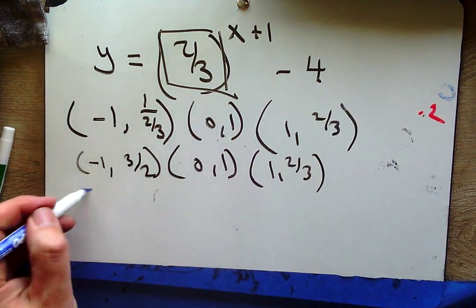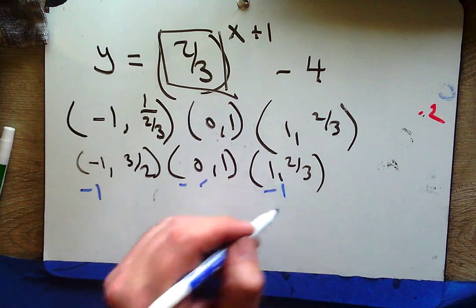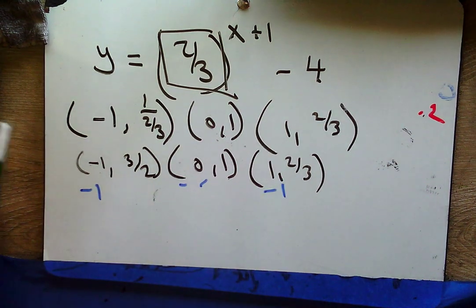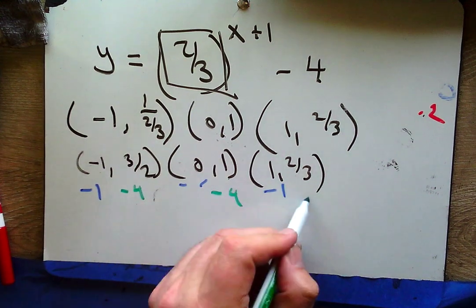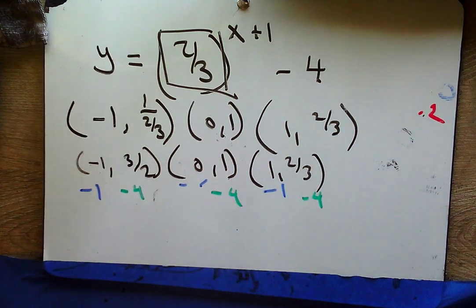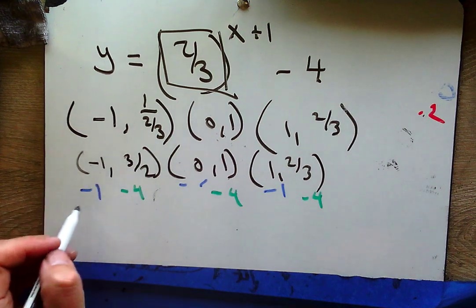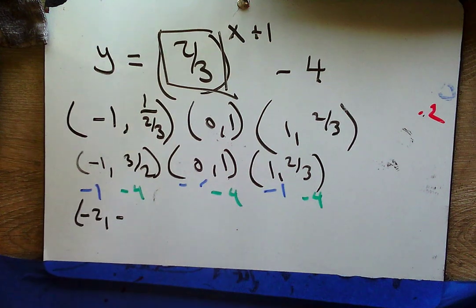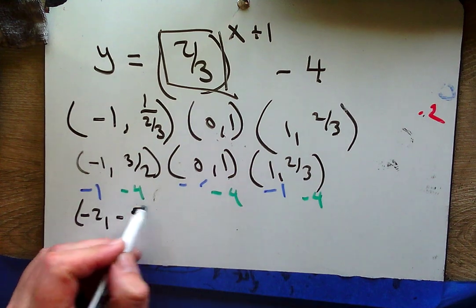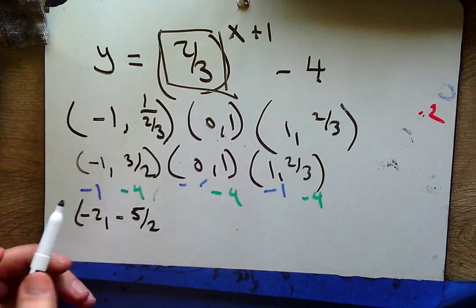I'm going to subtract 1 from all the x's, and simultaneously, I'm going to subtract 4 from all the y's. And what does that leave me with? Well, I'm going to have negative 2, negative 3/2 minus 8/2 is 5/2.